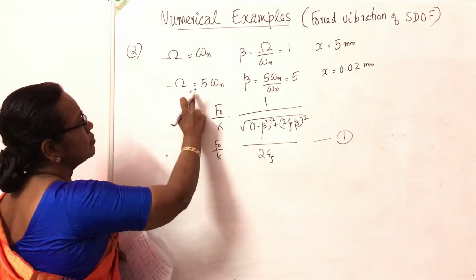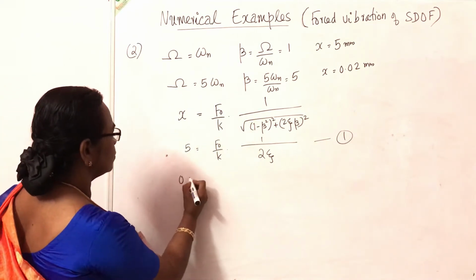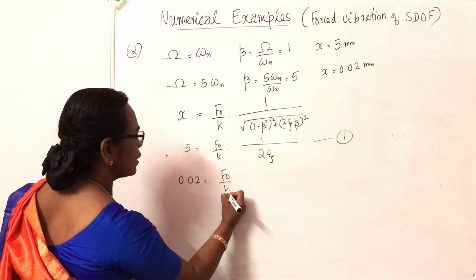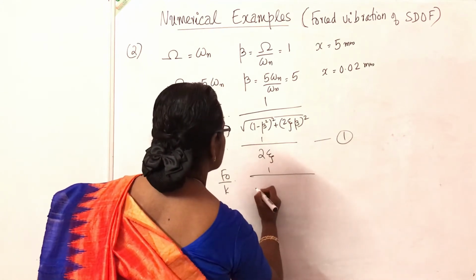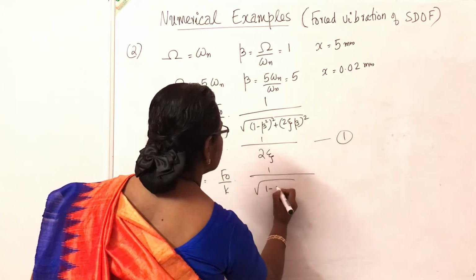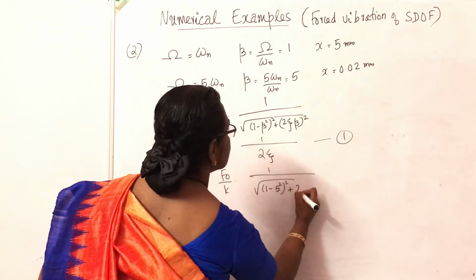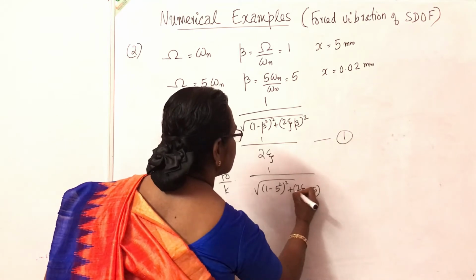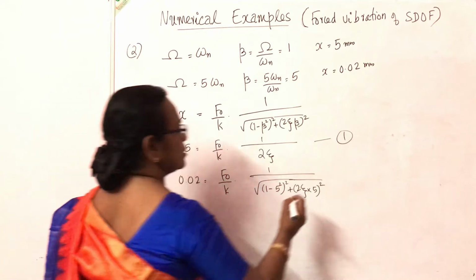For the second case, we substitute 0.02 is equal to F0 by K into 1 by root of (1 minus beta square) the whole square plus (2 psi beta) the whole square. This is expression 2.